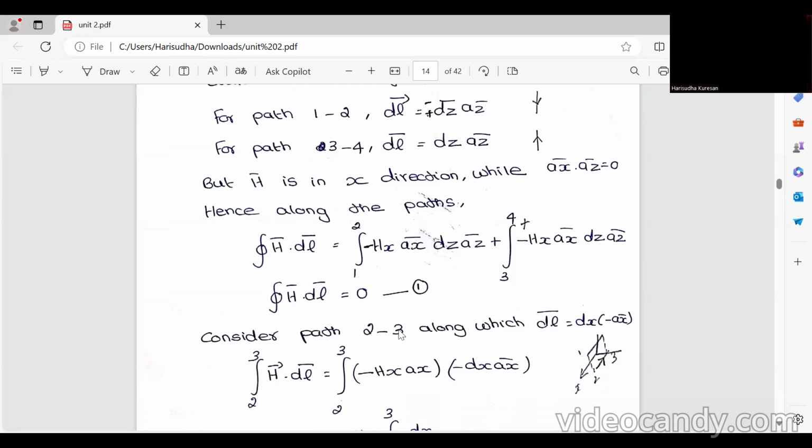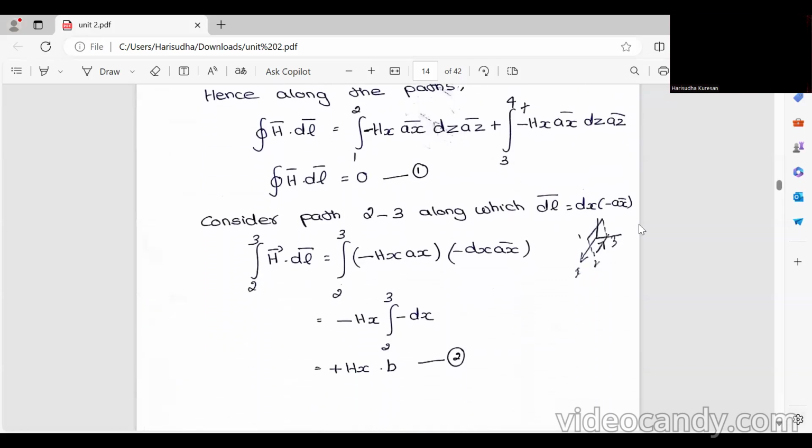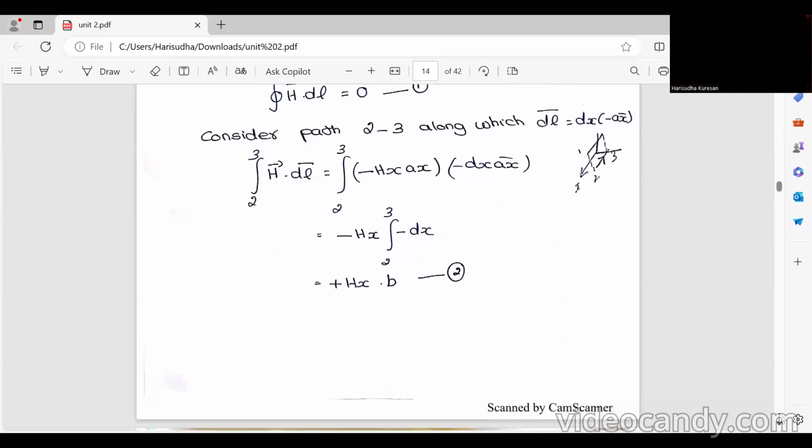When you consider the path 2 to 3, along which dl is equal to minus ax dx, and in the path 4 to 1 it will be plus ax dx, we can write for the path 2 to 3 that H dot dl will be equal to, in the place of H, I'll replace with minus Hx ax unit vector, and in the place of dl, I'll replace with minus dx ax unit vector. So this will become plus Hx dx, integrated over b.